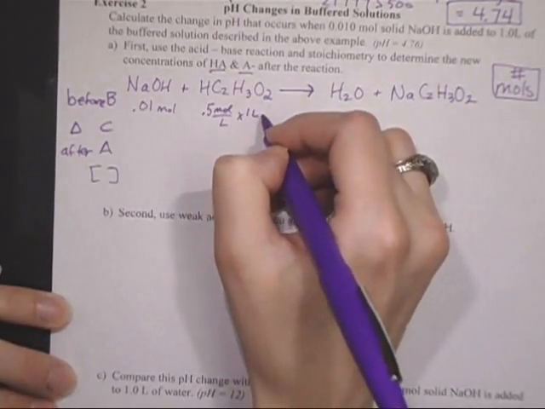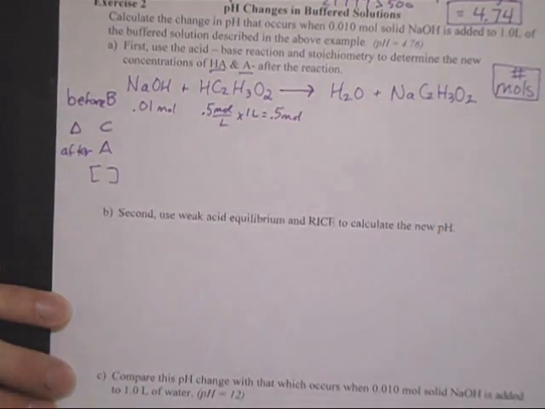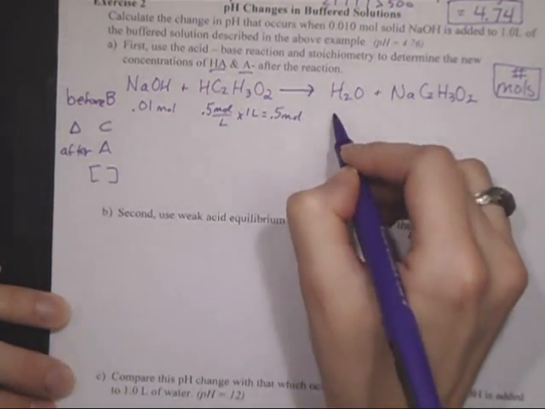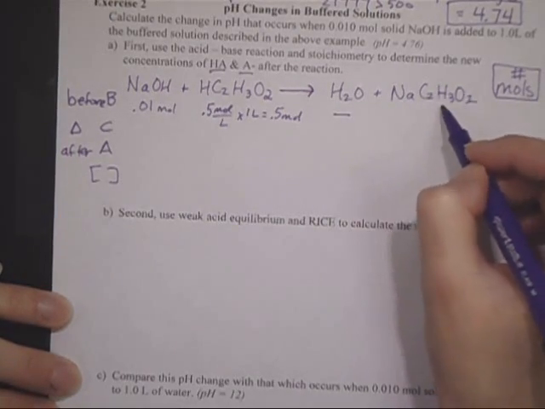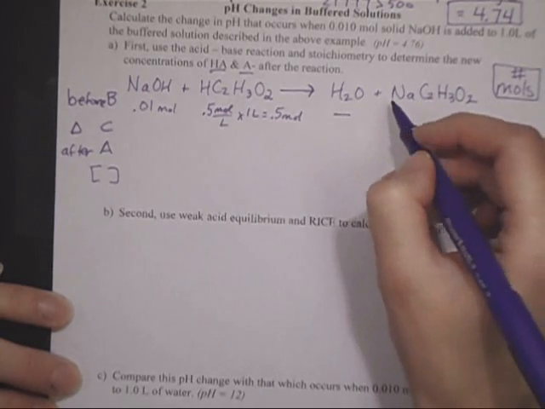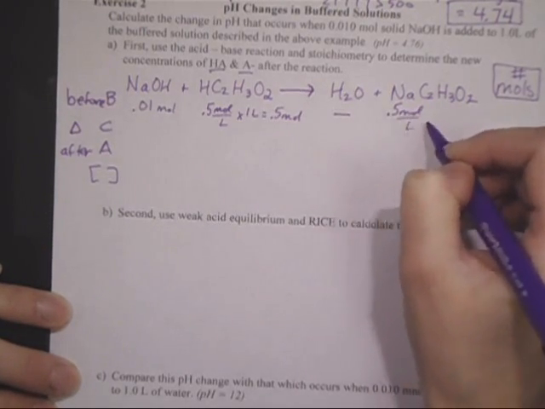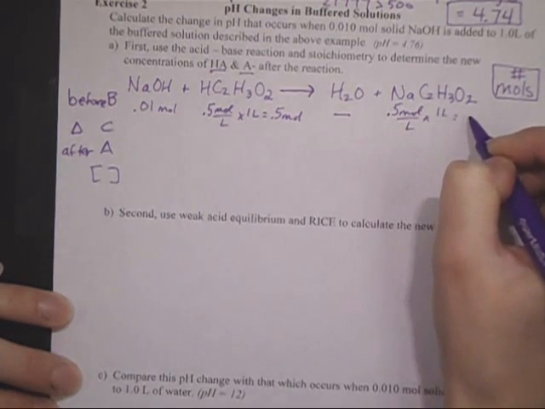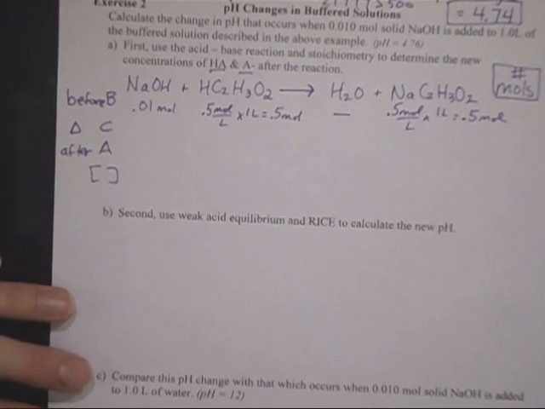So that tells me then that I have 0.5 moles of acetic acid. Water is irrelevant, and then we do the same procedure for the acetate ion from the above table. We start off with 0.5 moles per liter times 1 liter, which gives me 0.5 moles.